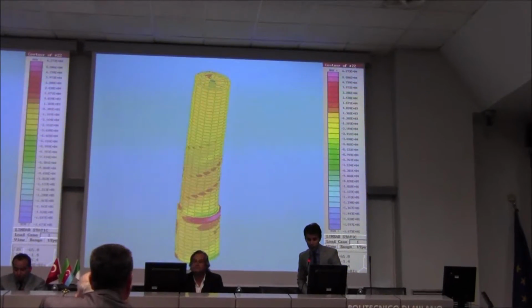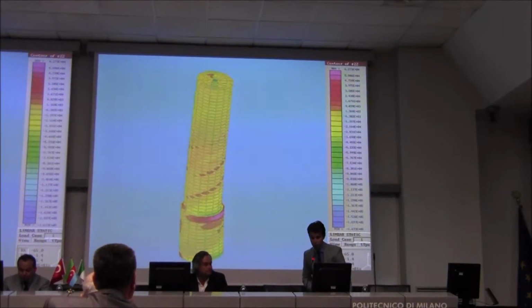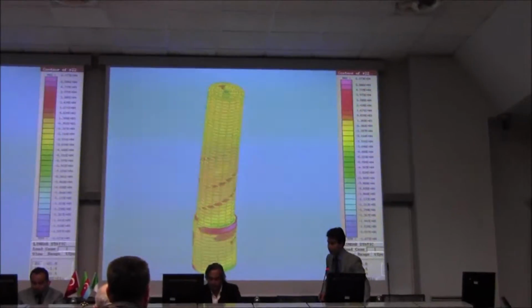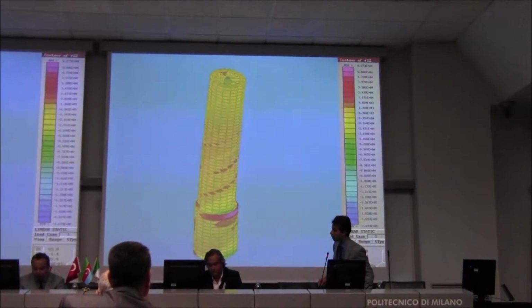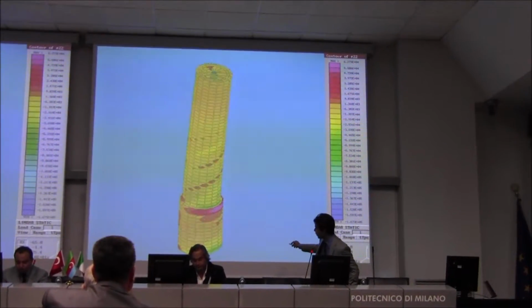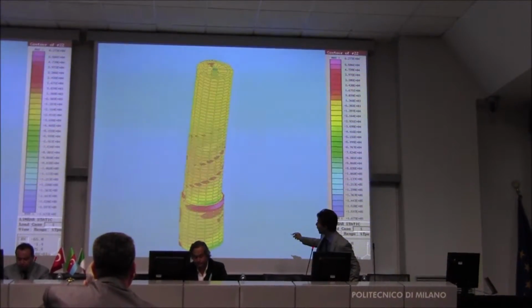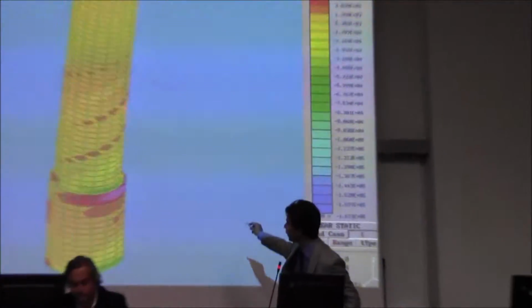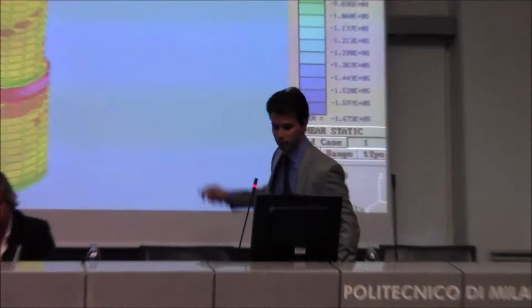Here is represented again the state of stress in terms of horizontal stresses, and again we can see some peaks of horizontal stresses here, at this point, this point, and again here.